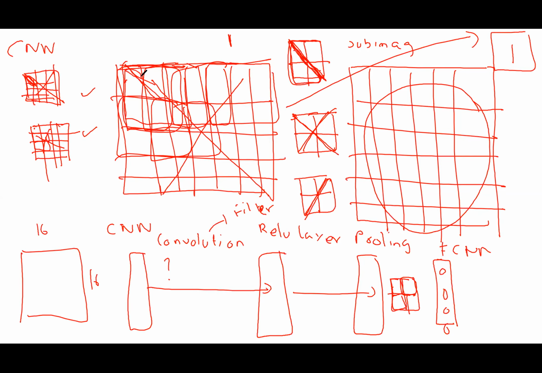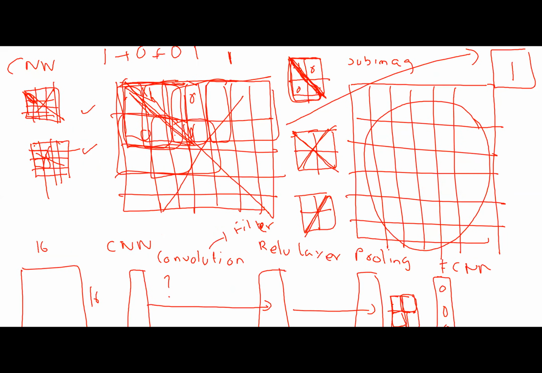So let's say these two have 1 and 0, or 255, and I normalize this. So 1, 0, 0, 1. And this is also 1, 0, 0, 1. They take the average of these 4. So 1 times 1, which is 1, plus 0 times 0, which is 0, plus 0 times 0, which is 0, plus 1 times 1, which is 1.